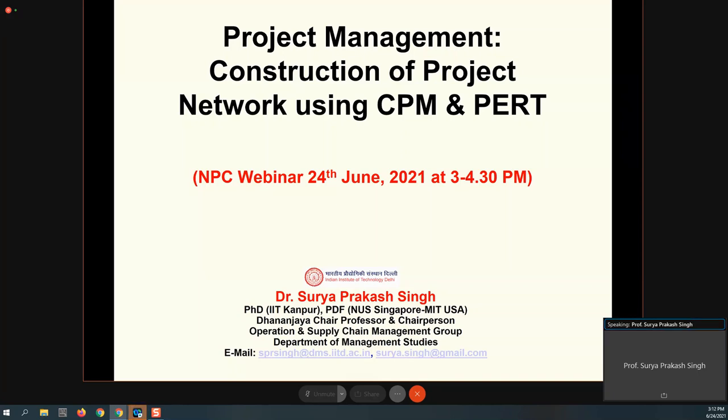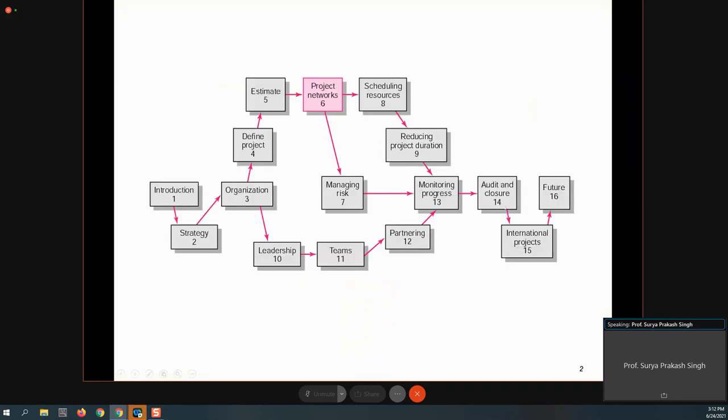Okay. So the first part of this is that a project consists of a lot of things. Project itself is a very big discipline. Project management is a big discipline. But what we are discussing today is a part of that: how to construct the project and how to estimate the time, meaning the project completion time and so on.